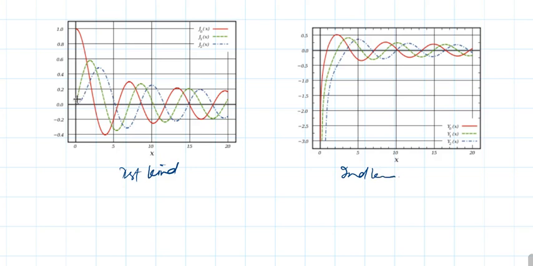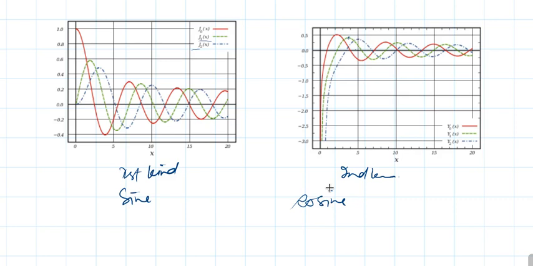If we look at it, for L equal to 1 and 2, it's like a generalized sine function, and the other is like a cosine function. Not exactly, but it looks like that.